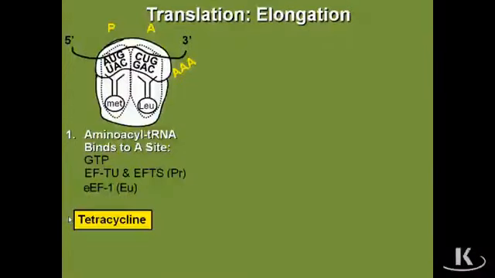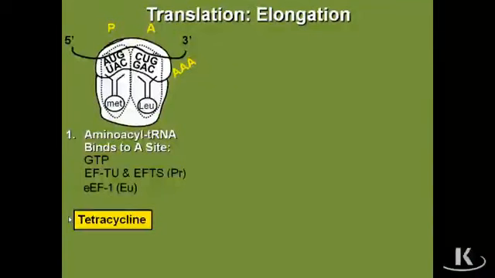So, when tetracycline is on board, it's going to bind to the bacterial ribosomes, the 30S subunit, and the A site is going to prevent new transfer RNAs from coming in to elongate the protein. That's tetracycline and doxycycline and minocycline and any other related drug is going to operate in that fashion.